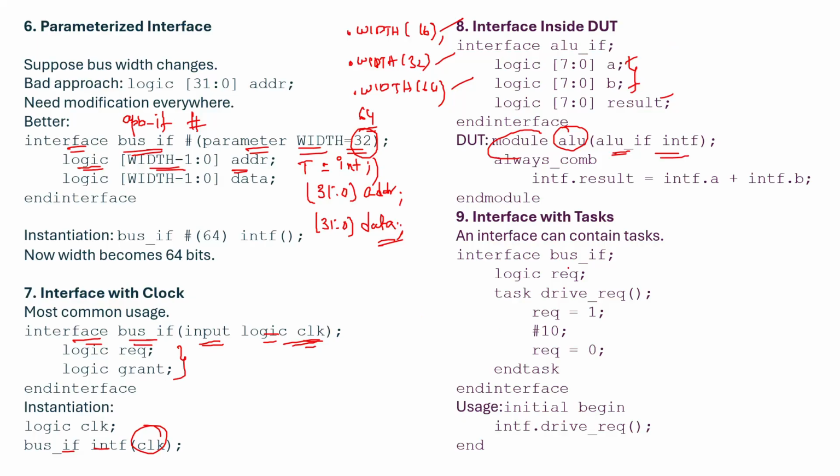Interface with tasks and all these things. So drive request is the task name. Then request equal to 1 and request equal to 0. Like reset equal to 1 and after a 10 second delay, I am representing reset equal to 0. That means I am applying the reset condition.